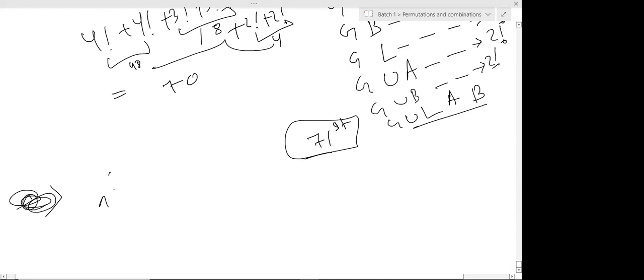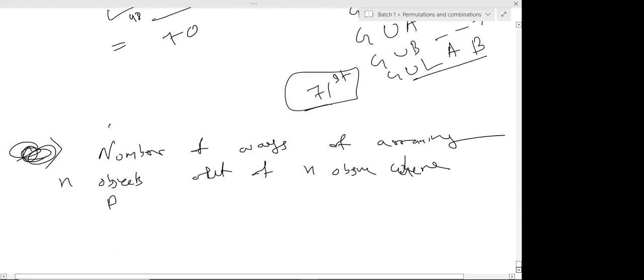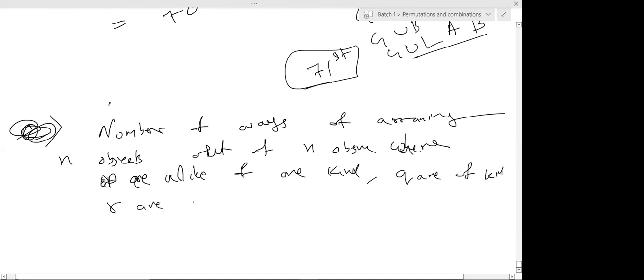Another thing, number of ways of arranging n objects out of n objects where p are alike of one kind, q are of one kind, and r are of one kind.